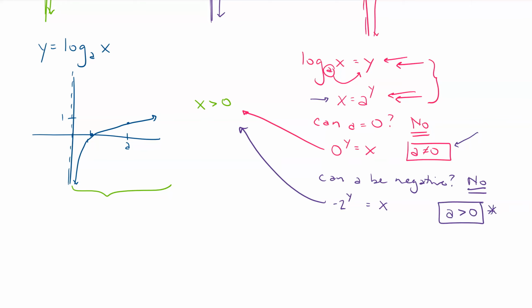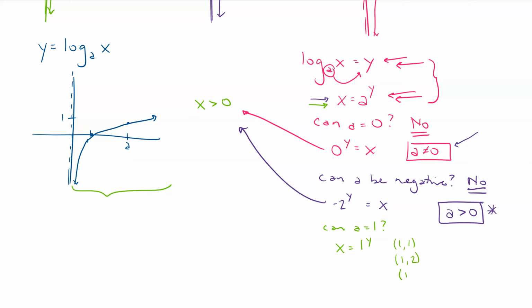So now the last thing that I'm wondering about is, can a equal 1? If it did, again, using the exponential version of our function, we would have x equals 1 to the y. Let's pick some values for y. If y was 1, x would be 1. If y was 2, x would still be 1.